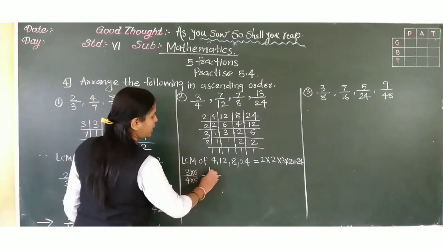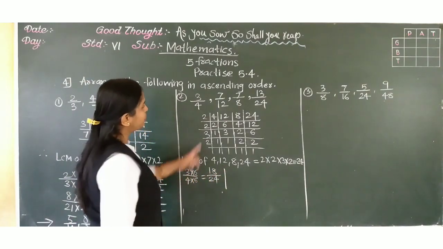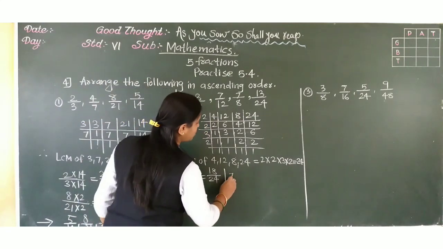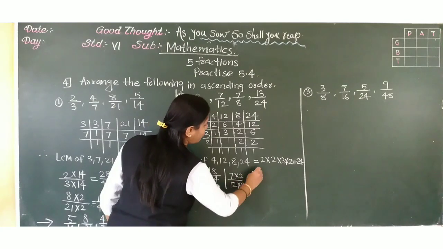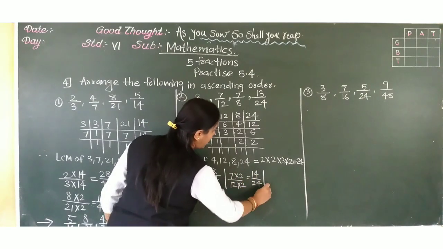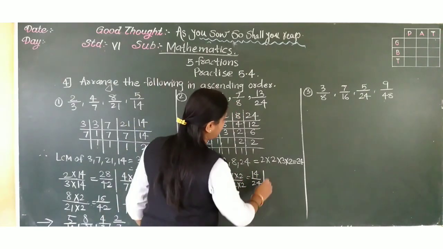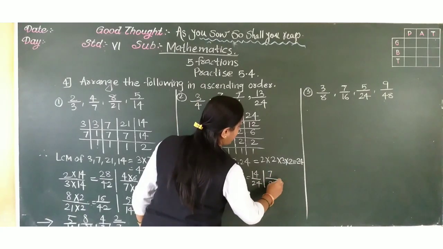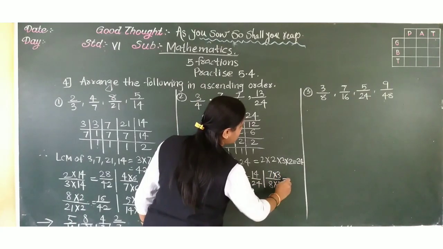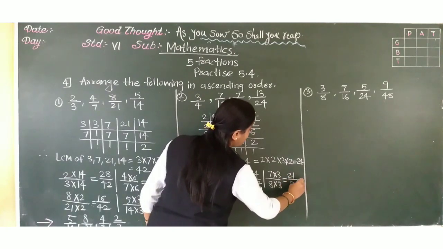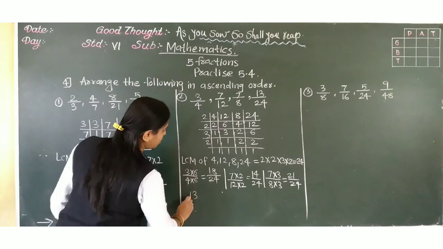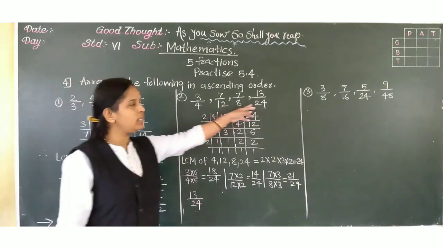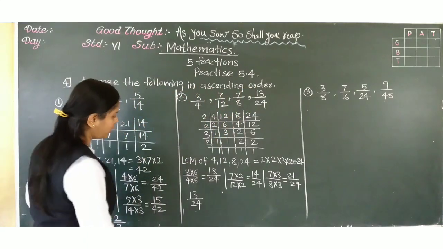Now 6 threes are 18. Okay? Next, 7 upon 12. To get 24, multiply by 2. So here 14 upon 24. Next, 7 upon 8 stays as it is, because here the LCM is already the denominator.